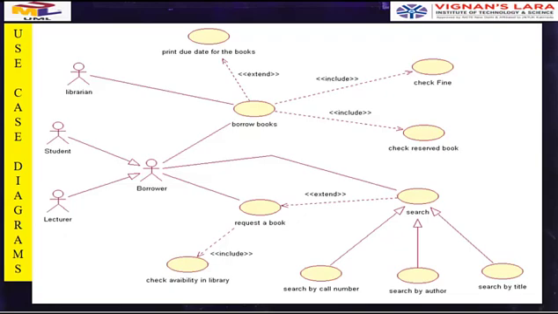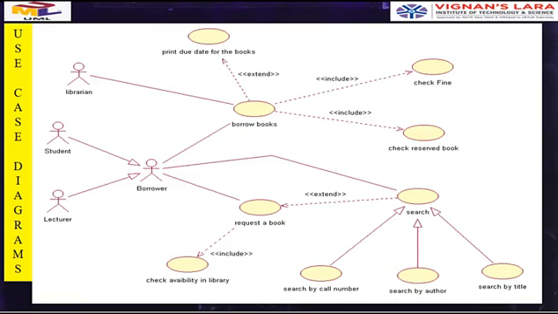Borrower, student, librarian, lecturer are all actors. The actors can perform different kinds of use cases. Search by call number: you have to handle different searches, such as search by author, search by title, and search by call number.